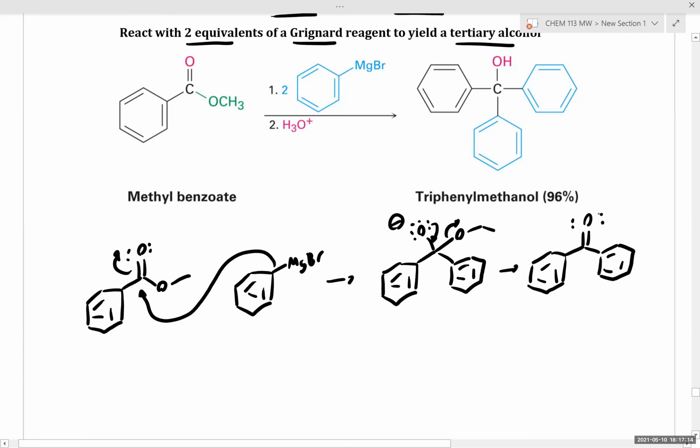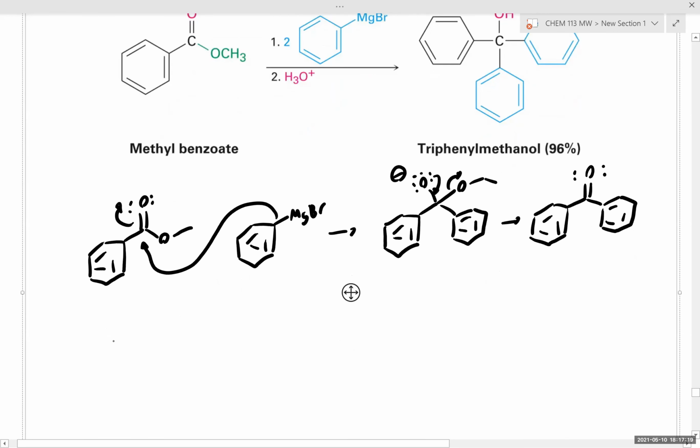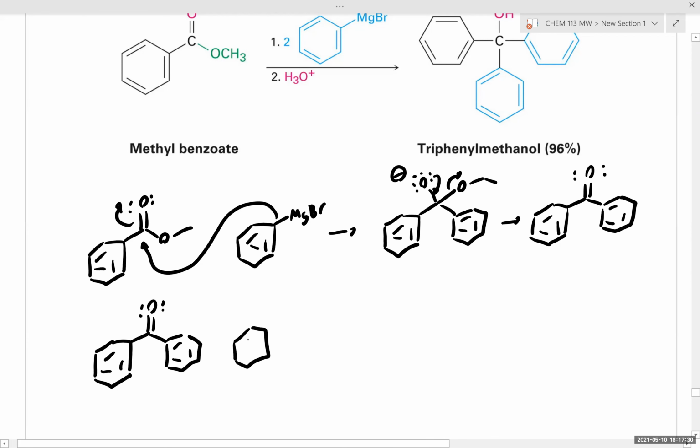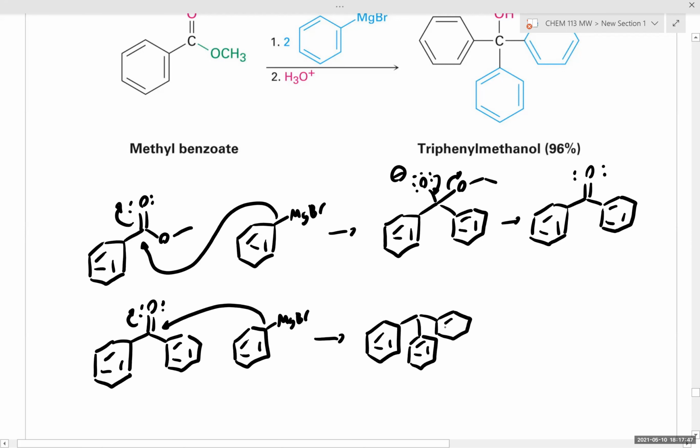Now, fortunately or unfortunately, this ketone does not last very long. Under the reaction conditions, a ketone is substantially more reactive than the parent ester, and thus the ketone can be attacked with nucleophiles. So our nucleophile will attack the electrophilic ketone carbonyl carbon, and we will be left with this tertiary alkoxide ion.